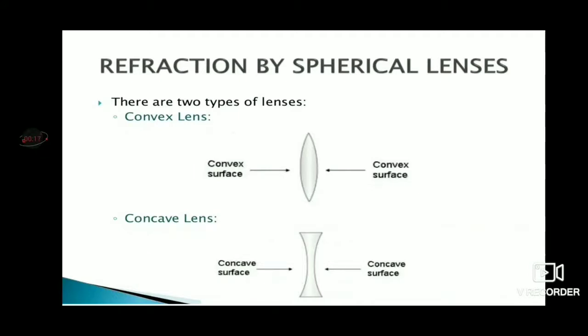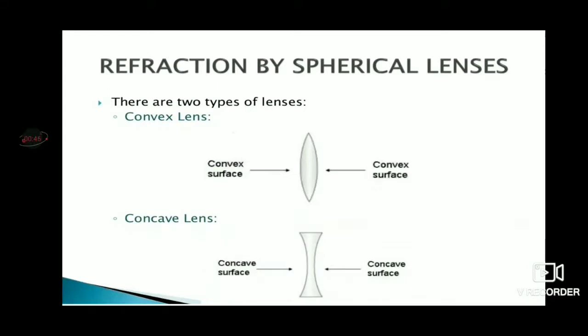So first of all, what is a lens? Basically, a lens is a transparent material bound by two surfaces of which one or both surfaces are spherical, and lenses are of two types. A lens may have two spherical surfaces bulging outwards.